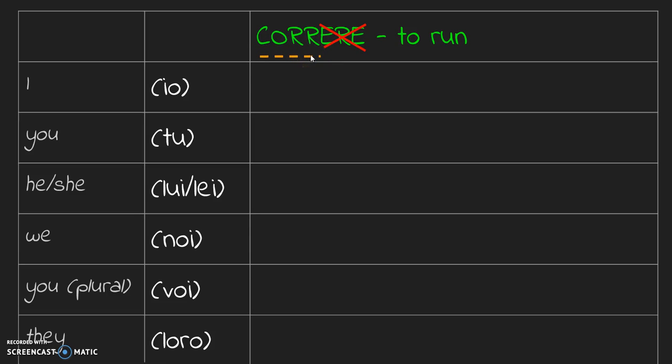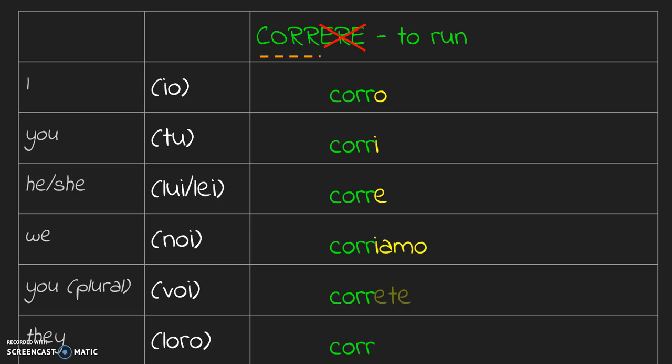So cor is our stem, and we use it to start all of our verb forms below. And now we simply add our endings. So for -ere verbs, they are -o, -i, -e, -iamo, -ete, -ono.